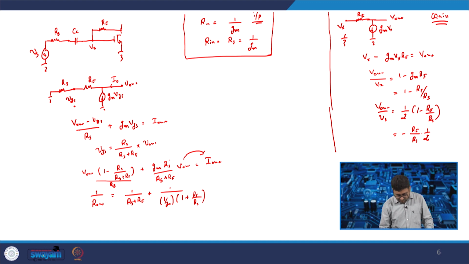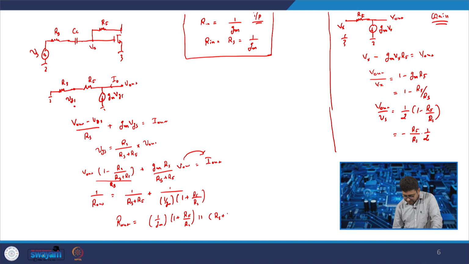If we make RS the denominator, that is 1 plus RS by RF, and Gm also in the denominator, so we can directly write R out is equal to 1 by Gm, 1 plus RF by RS, parallel to RS plus RF.